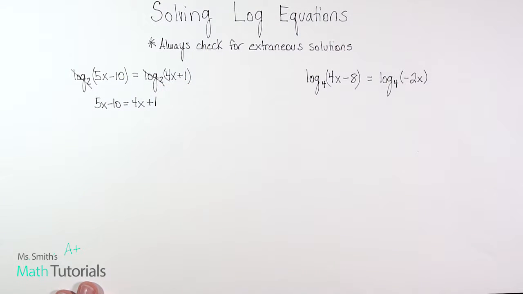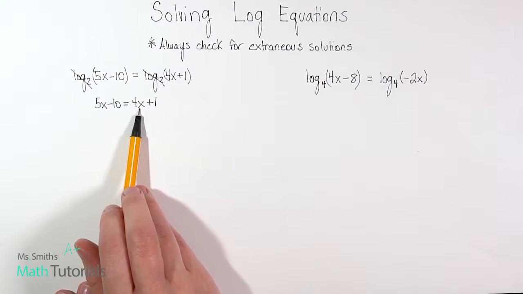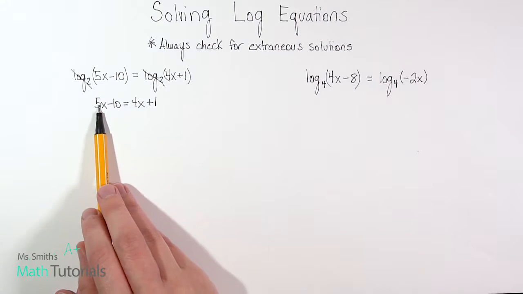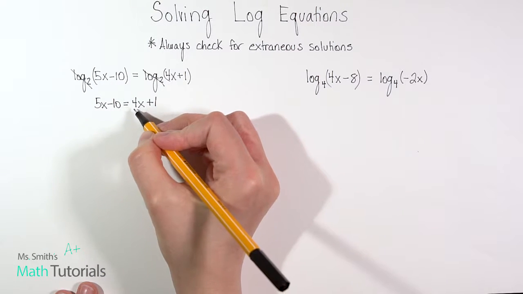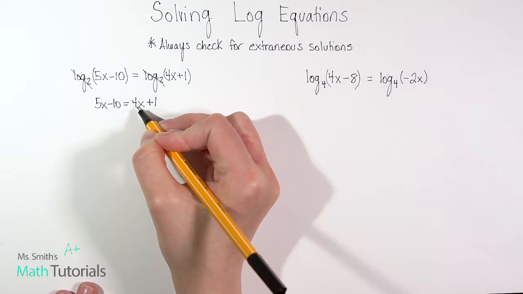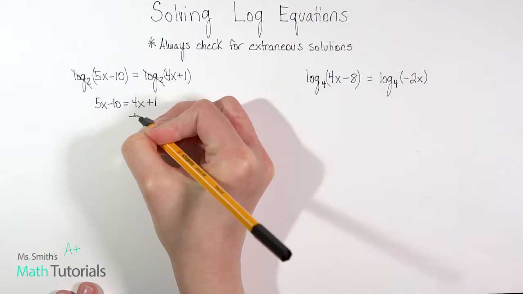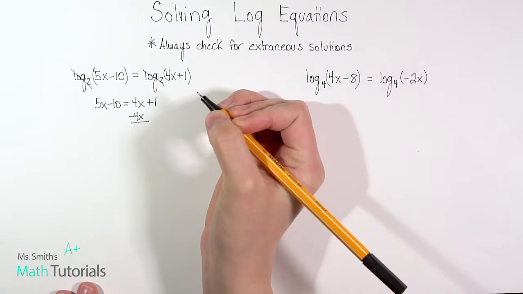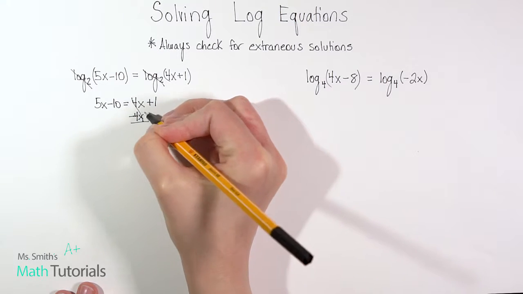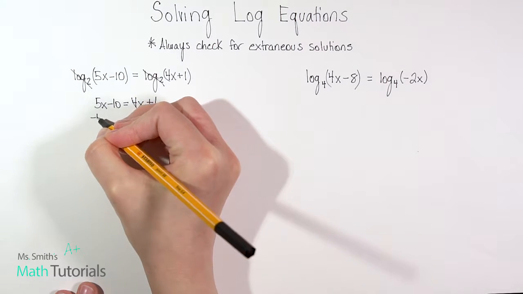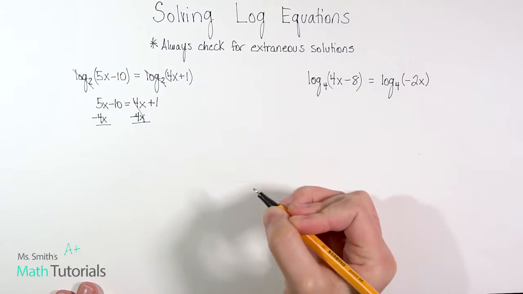So now at this point, we just want to solve for x. We've been doing problems like this forever. We would want to get our x's to one side of the equation. I'm going to do that by taking the smaller x and bringing it to the larger x through inverse operations. So in this case, we're going to subtract 4x. If I do that to one side, of course, I have to do it to the other side. Subtract 4x.